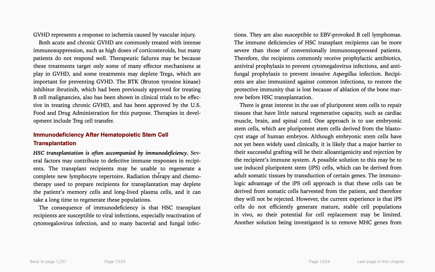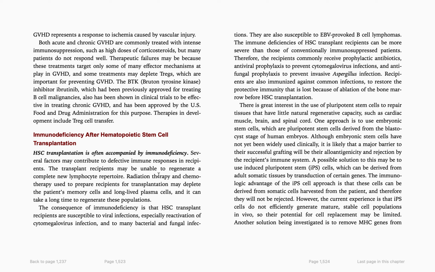Therefore, the recipients commonly receive prophylactic antibiotics, antiviral prophylaxis to prevent cytomegalovirus infection, and antifungal prophylaxis to prevent invasive aspergillosis. Recipients are also immunized against common infections to restore the protective immunity that is lost because of ablation of bone marrow before hematopoietic stem cell transplantation.